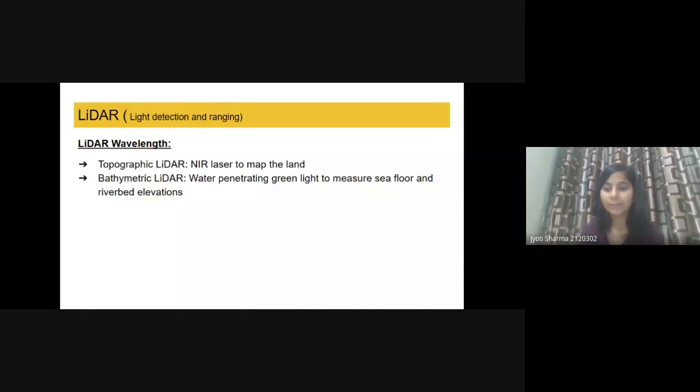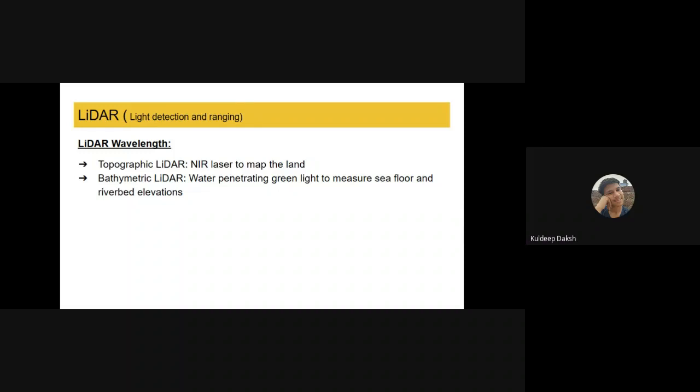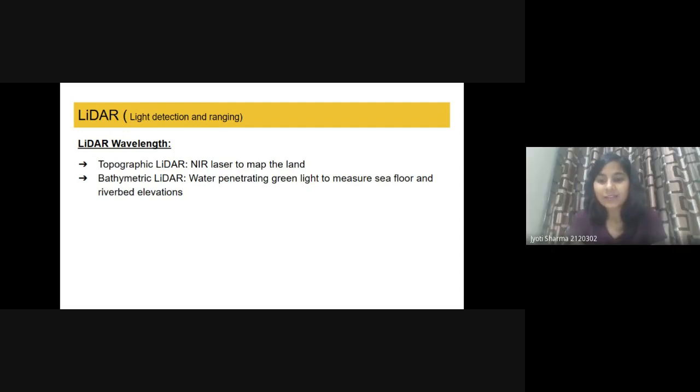Yes, Kuldeep. So, ma'am, LiDAR can also detect or map the sea topography, like sonar? Yes, exactly. These are different things, though. Sonar is just giving you the distance.